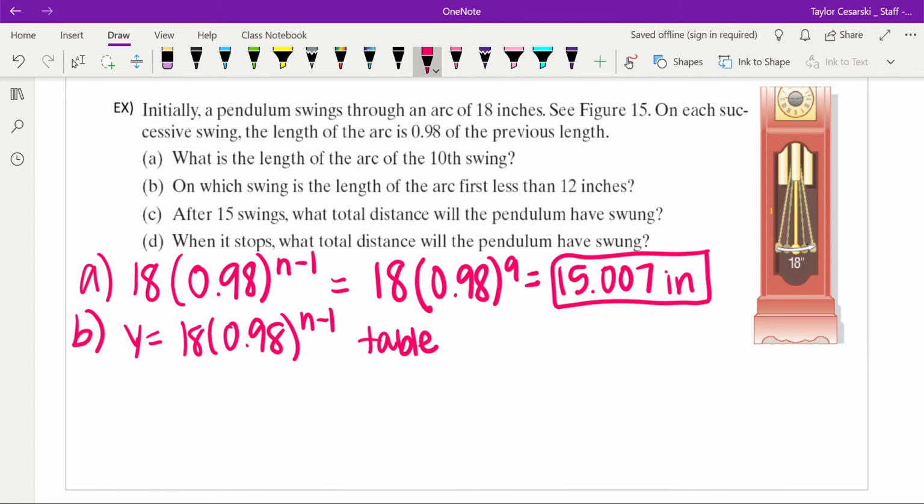So I can see at 21, so after the 21st swing, it's 12.017, and after the 22nd swing, it's 11.7766, okay? So that's going to be when it's less than 12 inches. So that's going to be the 22nd swing.